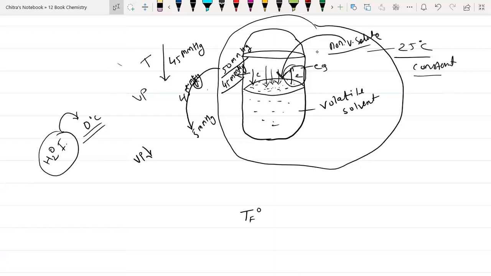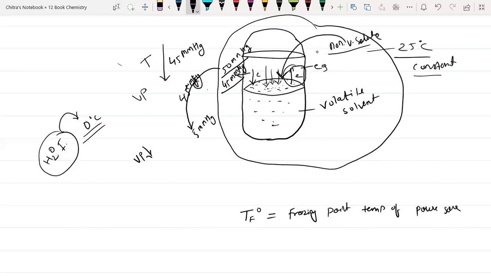Whenever we add a degree here, it means it is for the pure solvent. So the freezing point temperature of the pure solvent.